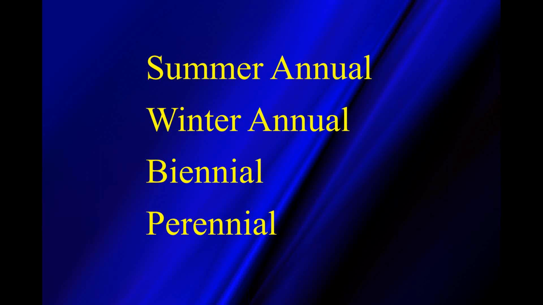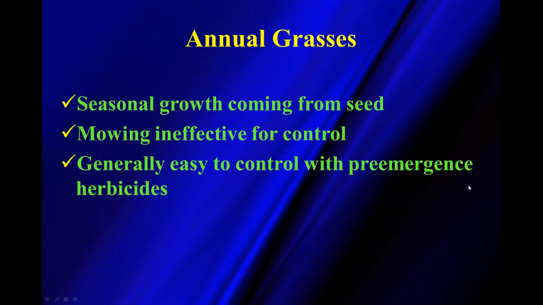So it's basically a 2-year deal there. In the case of our perennials, they start out, of course, from seed, but then they start to develop massive underground root systems and continue to grow for years to come. So we've got all kinds of challenges there, especially when it relates to controlling these.